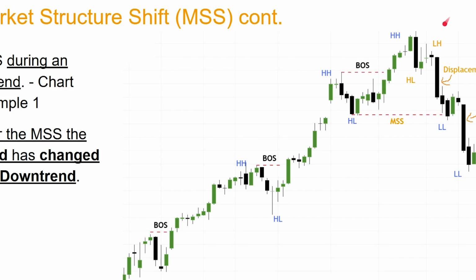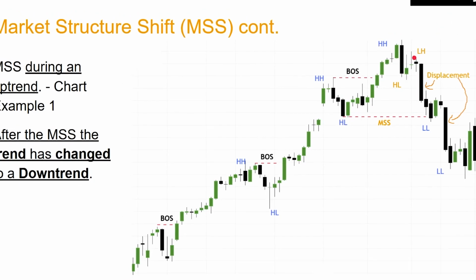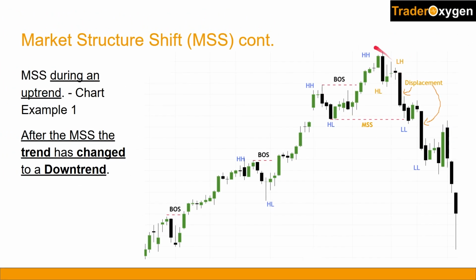Now instead of that, in this daily chart, you can see the trend has paused, making a lower high, going slightly down, a lower high, and then a displacement all the way down. So this displacement is what makes the market structure shift. And when this higher low is broken with this displacement, that's where the market structure shift happens.